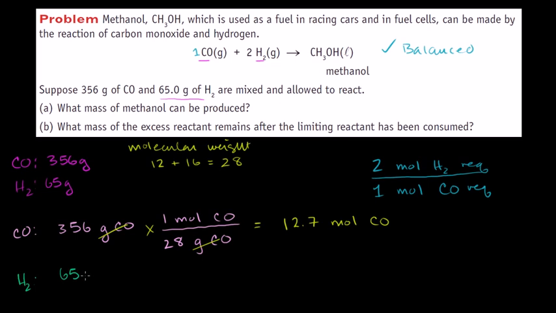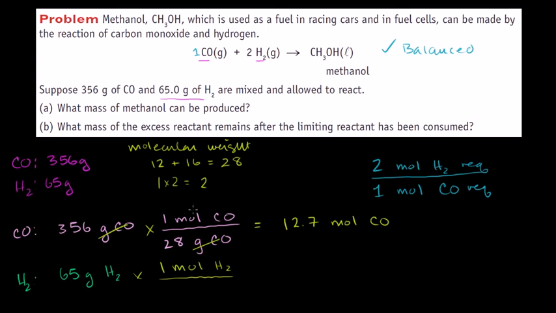We have 65 grams of molecular hydrogen. What's the molecular weight of hydrogen? I'll do this in green over here. Each hydrogen atom has a molecular weight of 1, times 2, which is equal to 2. And the same way, we want to write it in moles. So we're going to multiply it times 1 mole of hydrogen is equal to how many grams?